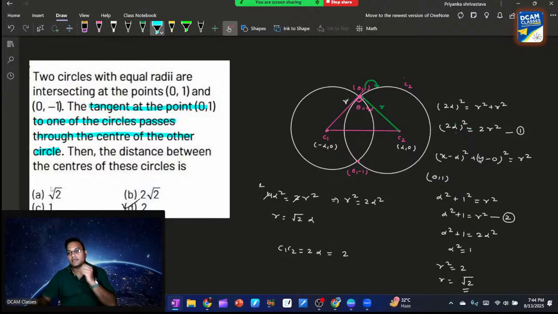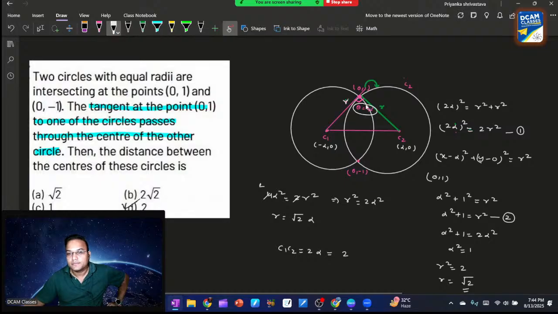This is important. This makes this angle 90 degrees. In our general case, sir, if the answer would be 2, wouldn't it be just like R1? But R is not 1, no? R is root 2. Yes.